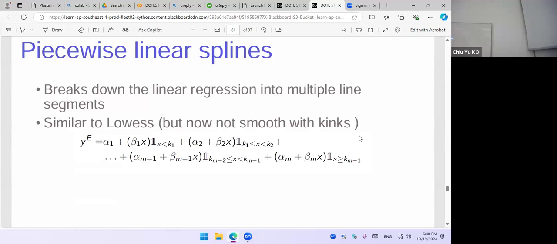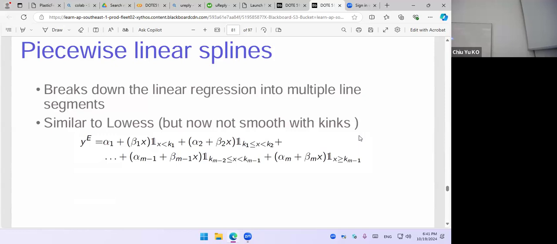Basically it's just like cutting your data based on X into multiple parts. And each part you run a regression on its own. But the fact is, it's not a separate regression. You have to require the link, okay? In the sense that along the boundary they will be related.